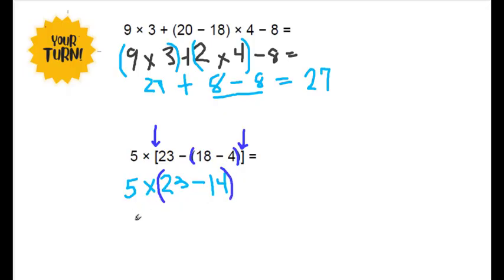This is why you have to go very slowly and keep looking back and making sure your order of operations is correct. Easy mistake. So now we have 23 minus 14, which is 9. And we're going to multiply that by 5. 5 times 9 equals 45.